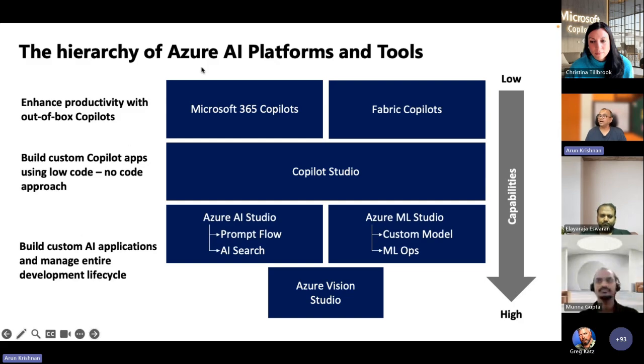So you have a host of solutions, a suite of solutions, depending on your requirement and use case, from low code all the way to the most complicated stuff that you could think of.